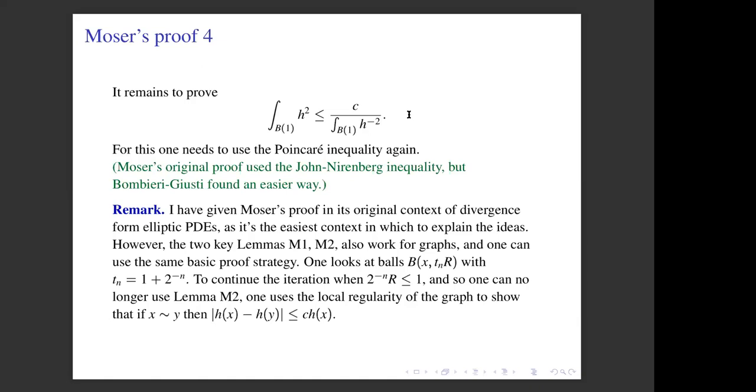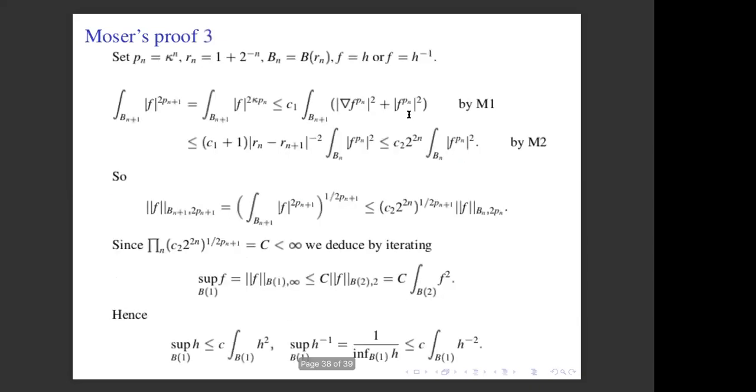I should comment that although we saw earlier how the lemma M1 can be proved using the Poincaré inequality, it does actually hold more generally in situations where the Poincaré inequality doesn't hold. So we haven't really used the Poincaré inequality at full strength to get these inequalities.